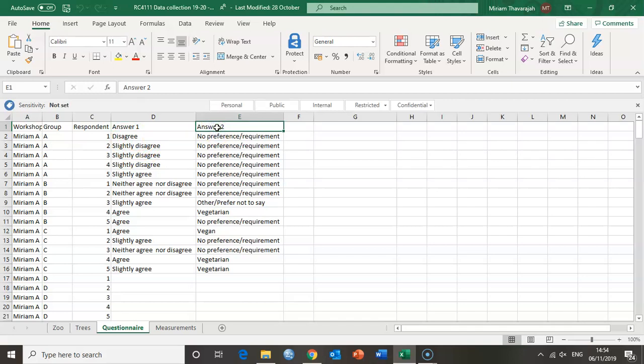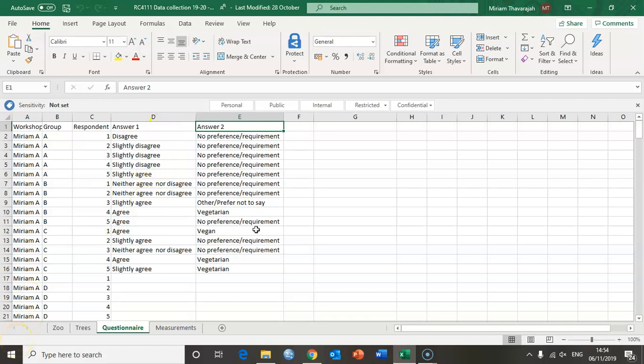And in column E, we have the answer of all of these people to the question of what kind of diet preference or requirements they have. So I'll pause the video here and I'd like you to answer that question of what kind of data these are, and then we will continue from there.